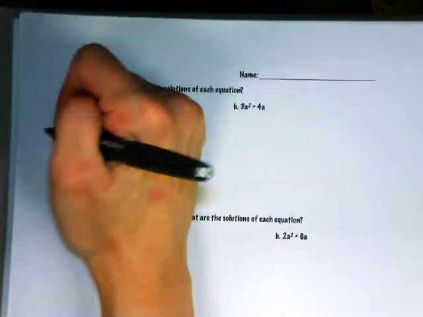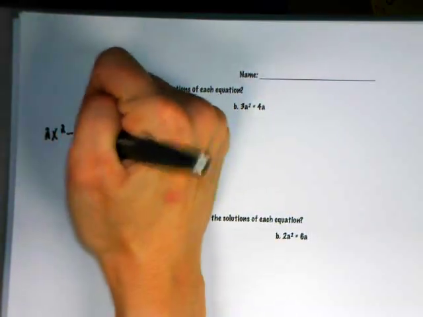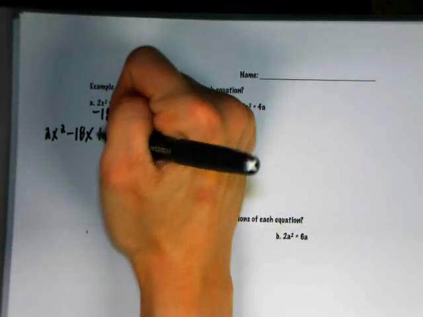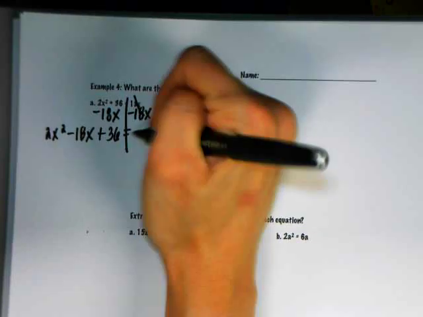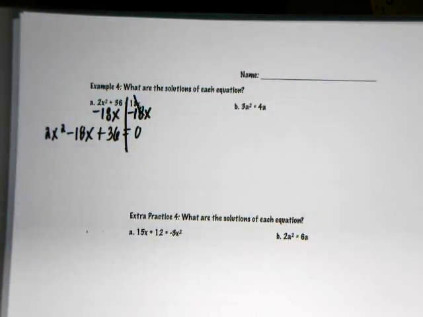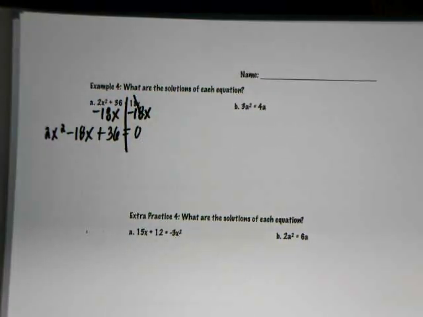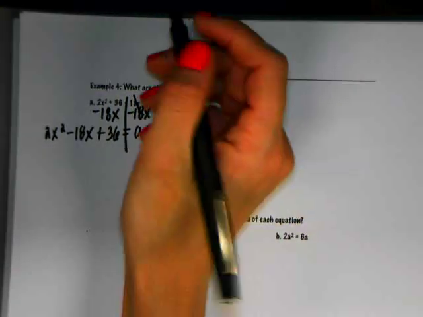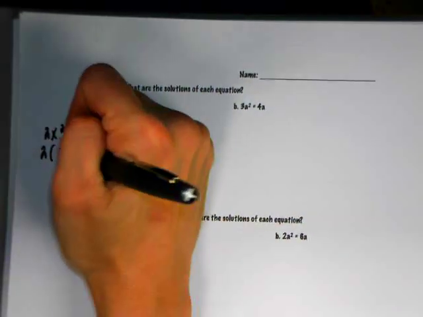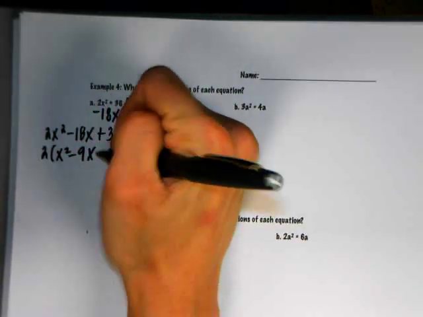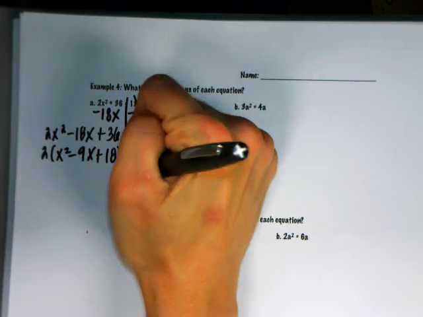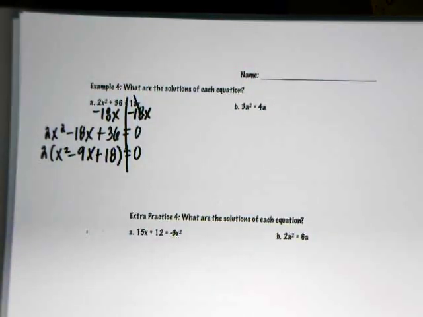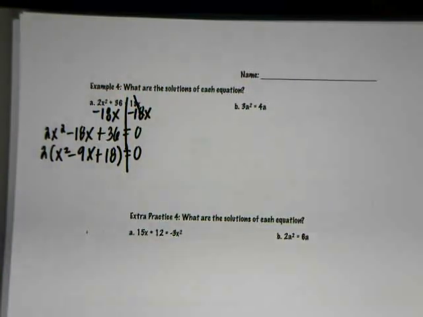We're going to do 2x squared minus 18x plus 36. Okay, do I have a GCF? Yes, what is it? 2. So x squared minus 9x plus 18. Okay, and then continue finding the two numbers.